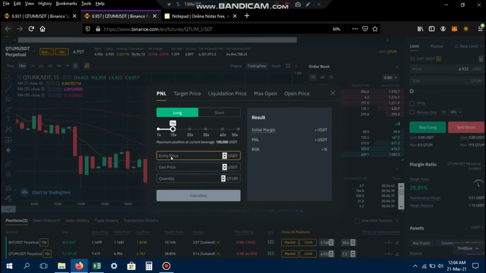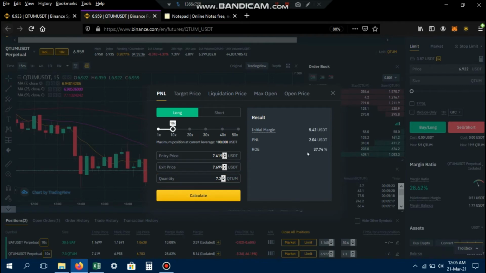My entry price for Quantum was 7.419. Now I assume its price will go up to 7.69999, so I'll put that as the exit price. It means the price at which you would like to sell and take the profit. And then the quantity, as you know, is 7.3, so I will write 7.3 and click calculate.